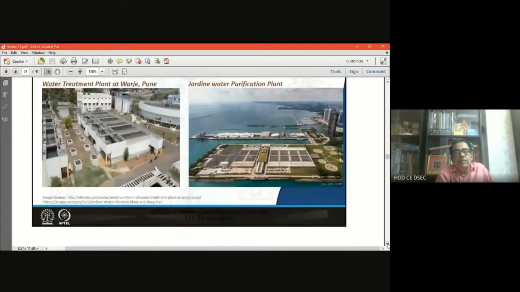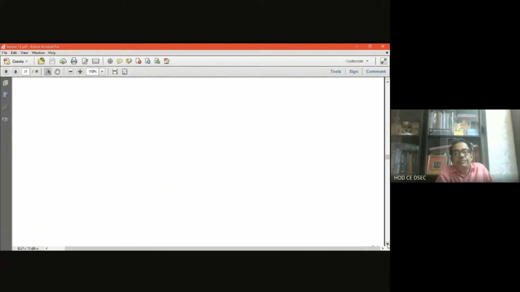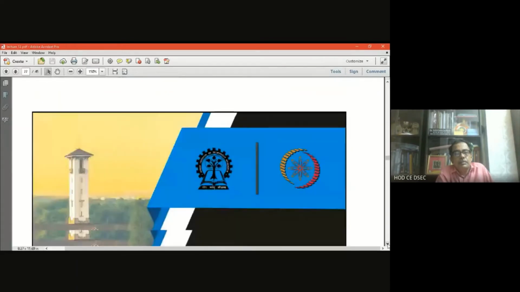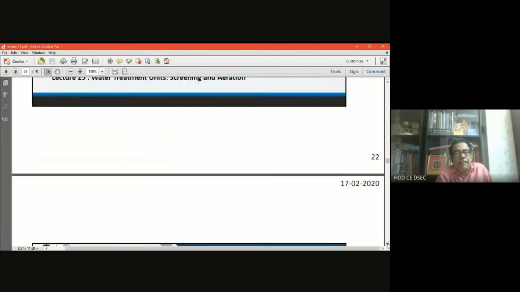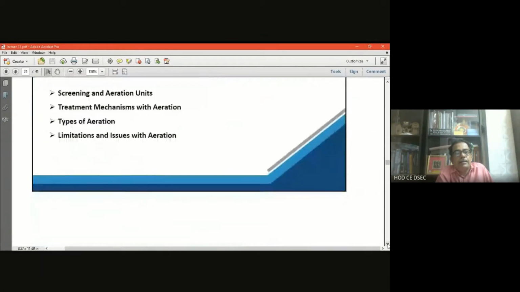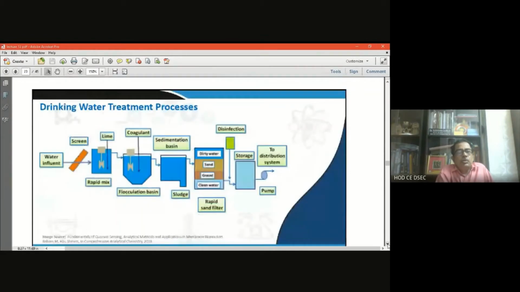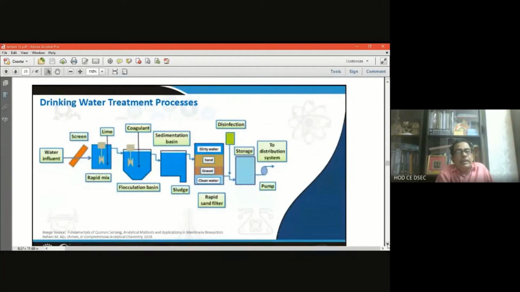These are some photographs I am showing you, of a water treatment plant physically existing. Once again, I am just giving you a typical drinking water treatment process.